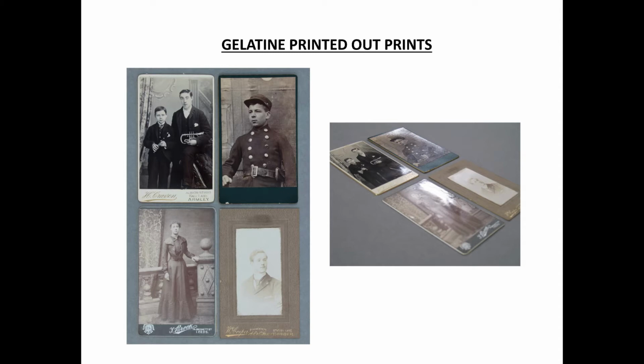The white baryta layer which I showed earlier was found in some collodion and gelatin printed out prints from 1885, so if you have a print which has a chip on the edge and you can see underneath the emulsion, if you can see a baryta layer, that's an aid to dating the photograph. So printed out print processes were the dominant processes of the 19th century.